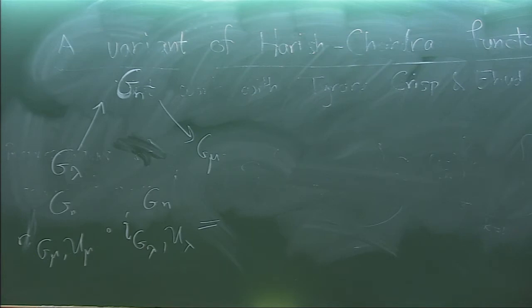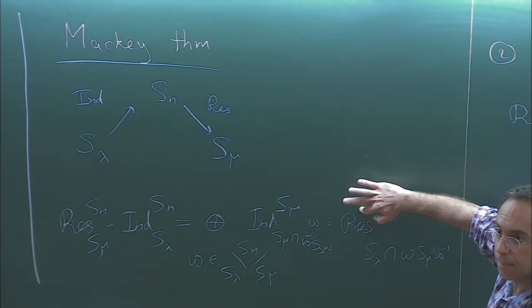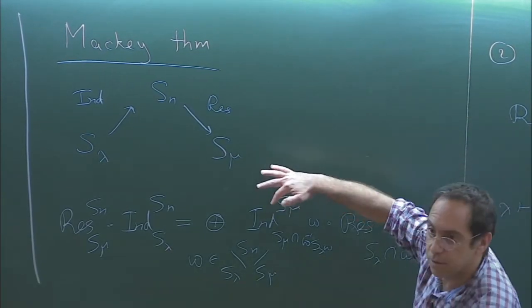I'm now just going to replace S lambda with G lambda and restriction with the functor R and induction with the functor I.